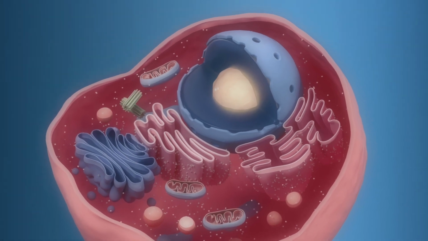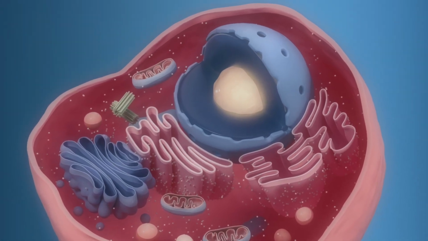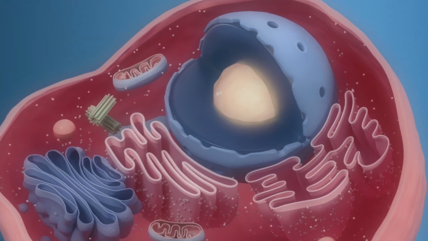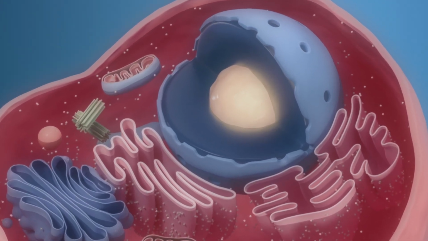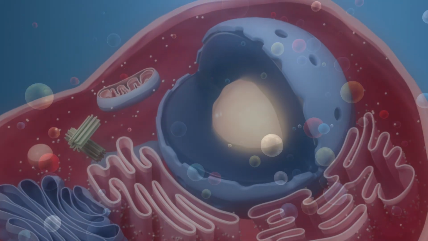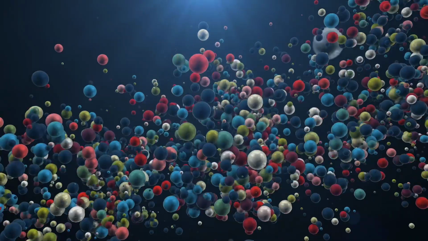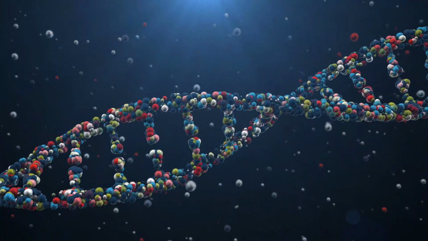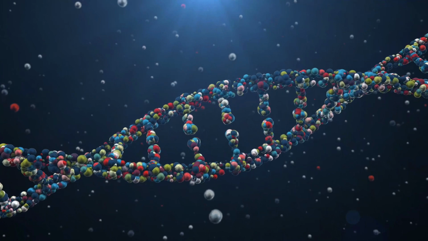Information required for production of everything in the cell is located on DNA molecule inside nucleus. The pieces of information are called genes.